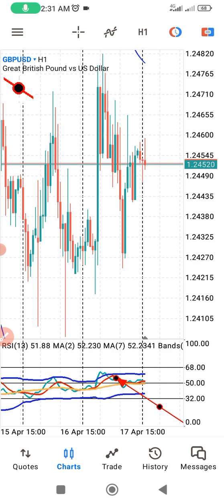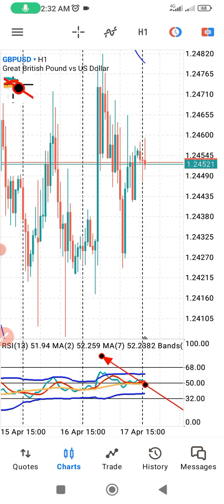And then we have the red line, which is our signal line. We get signals to sell when the green line crosses the red signal line and vice versa. Then the gold or the yellow line is our signal, which gives us the market sentiment, the overall view of the market, whether in an uptrend or in a downtrend.